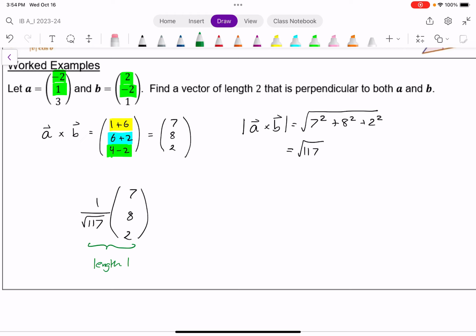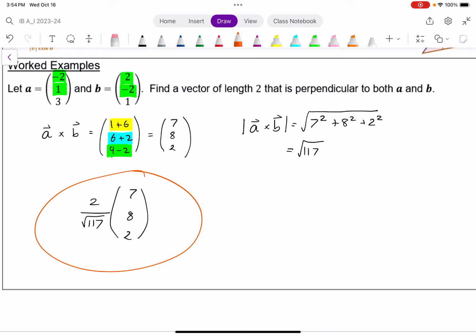I want a length of 2, so I just need to double that. So instead of 1 over that, I'll have it as 2 over that. And there's my answer. I can leave it like that. And so keep in mind that last part just builds upon ideas we saw before in previous lessons about taking a vector, and if we need to scale it to a particular length, we first generally go back to the unit length and then multiply that by some value.